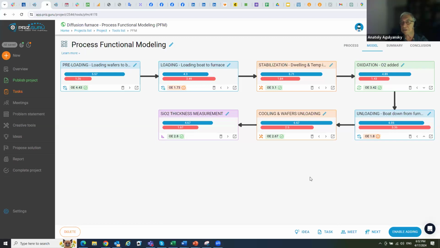Because when people are sitting in the conference room drinking coffee and say, oh, let's change the nitrogen flow, it's guessing. It has no engineering sense. It looks like an engineering solution, but it's not. If it comes out of root cause analysis, if it comes out of modeling, it does make sense.